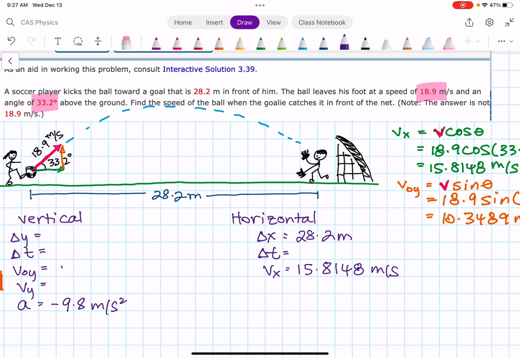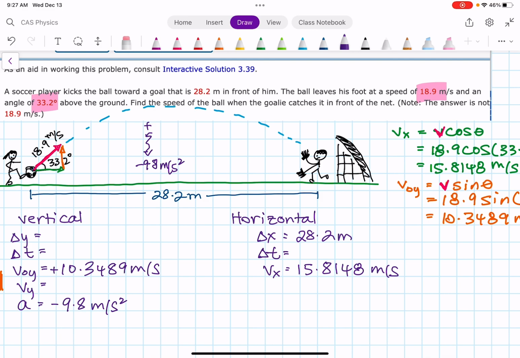V naught y is, sorry, it's not 18.9, it's 10.3489 meters per second. I've put in the acceleration already in the vertical, 9.8 meters per second squared. I'm calling down negative and up positive. That's why my V naught y is positive, because the orange vector is pointed up.